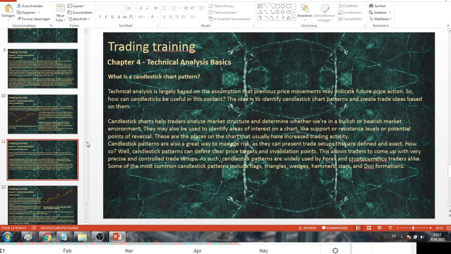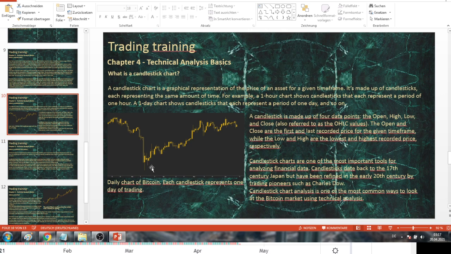So what is a candlestick pattern? We can look back here. This is a candlestick pattern. If you see here, we have higher lows, lower highs, and that shows us that we have patterns. For example, if you see this touching one time, two times, three times, and if this is fulfilled, then the price will go to the top side.